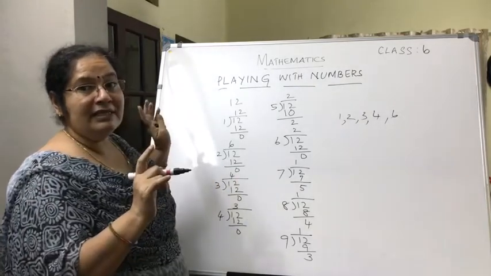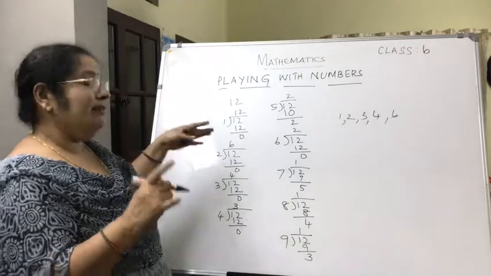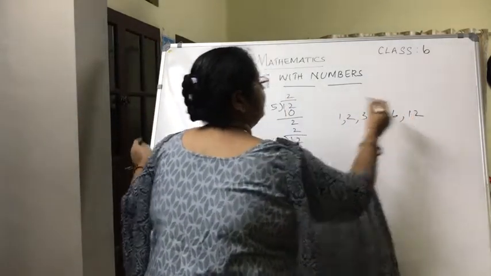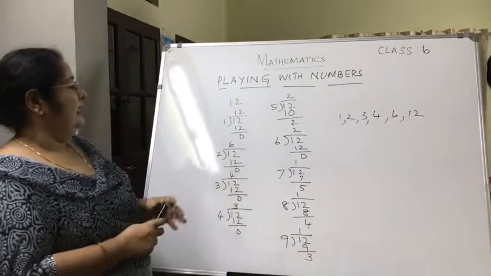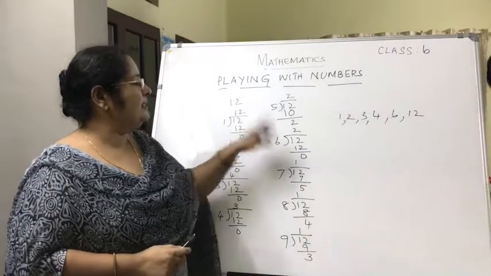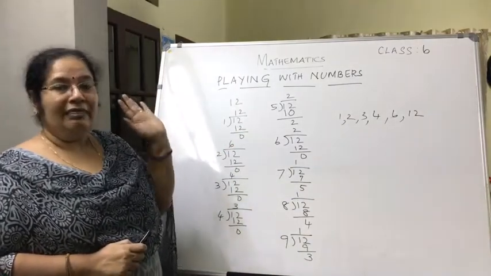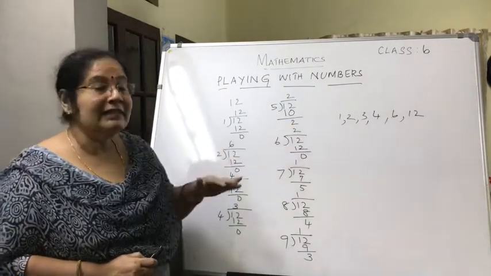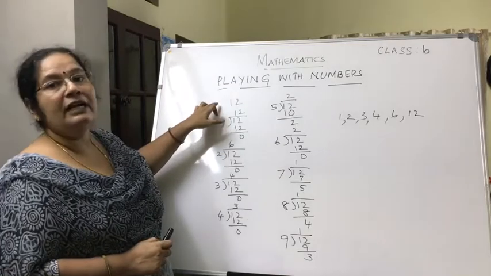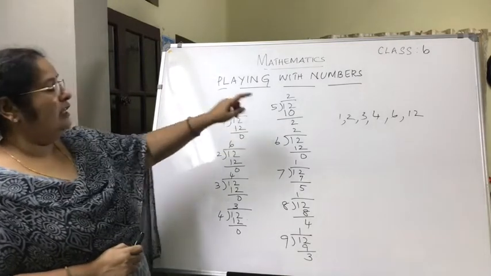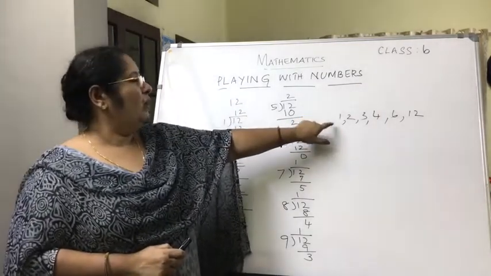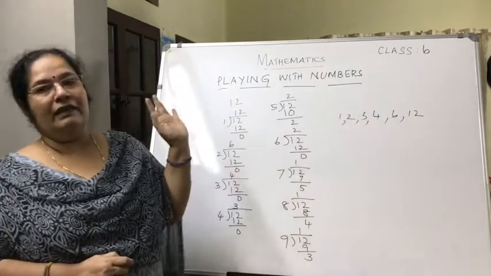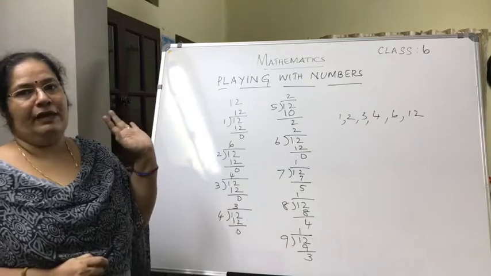The remainder is 0. So there the divisor is also 12. In all these cases the remainder becomes 0, so the divisor will be the factor for the given number. So what are the factors of 12? 1, 2, 3, 4, 6 and 12 are the factors of 12.